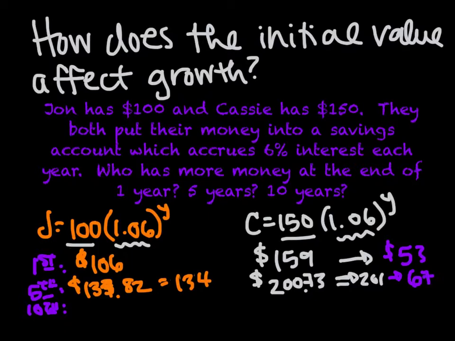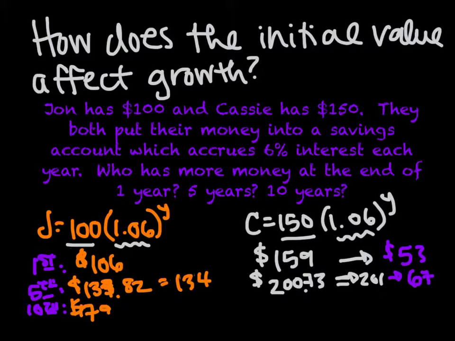Then I'm also seeing we need to figure out John for 10 years. So John for 10 years, we end up with $179. And Cassie, let's see if I can do my math right.